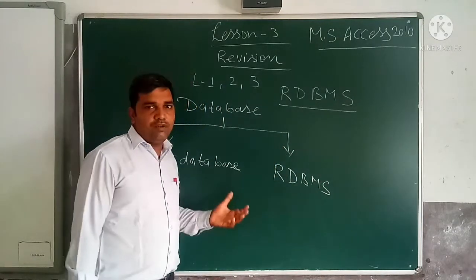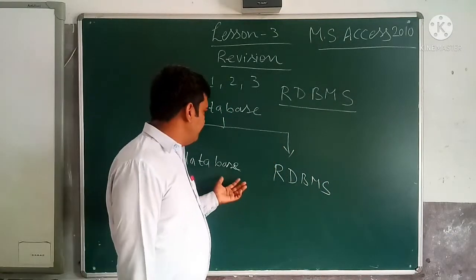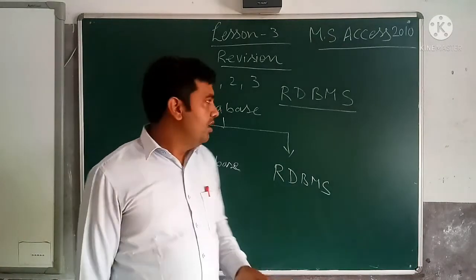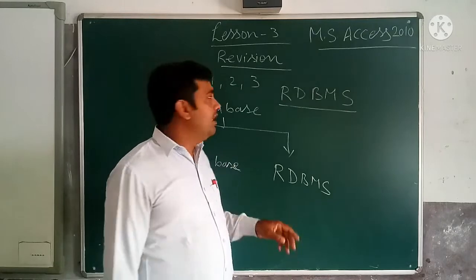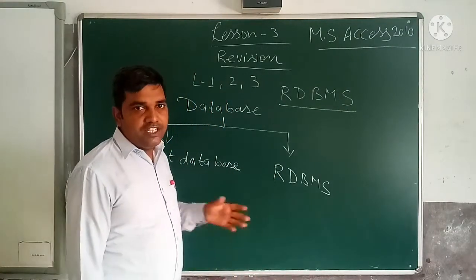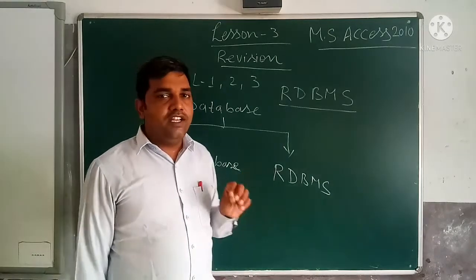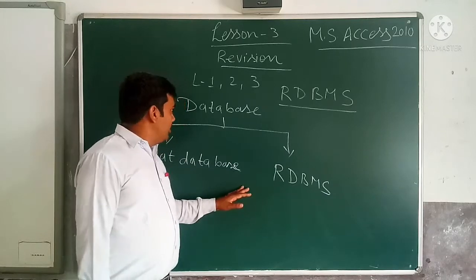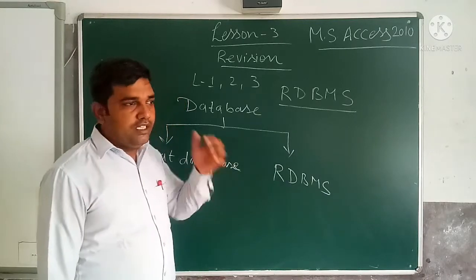Maybe the alphabetic order, maybe with the help of some roll number, or by giving an ID to each record, so that we can uniquely identify each record of the database. That is called the organized way of storing information.